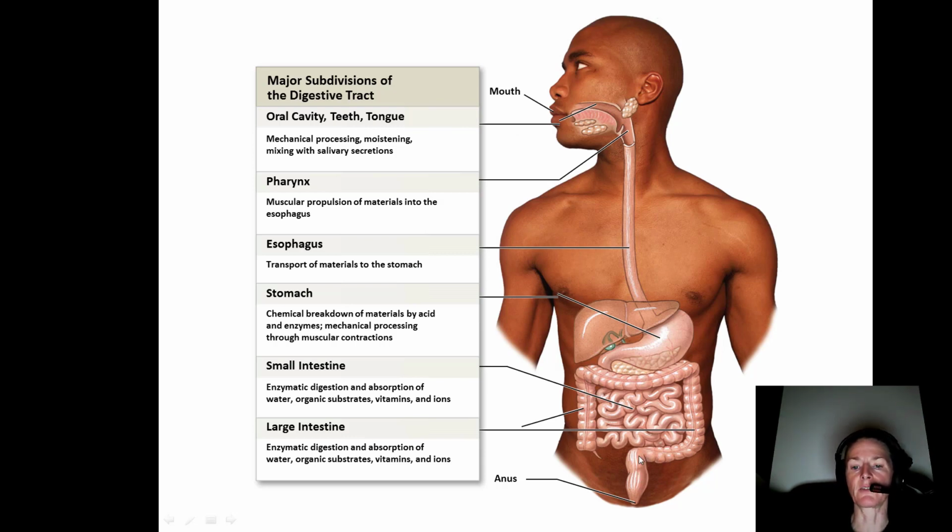And it is here, at this area from the sigmoid colon transitioning into the rectum, that we will see the epithelium change once again from a simple columnar epithelium into a stratified squamous epithelium. Because what's going to happen in the large intestine is we're going to take things that were not absorbable, dehydrate them, and compact them for excretion.